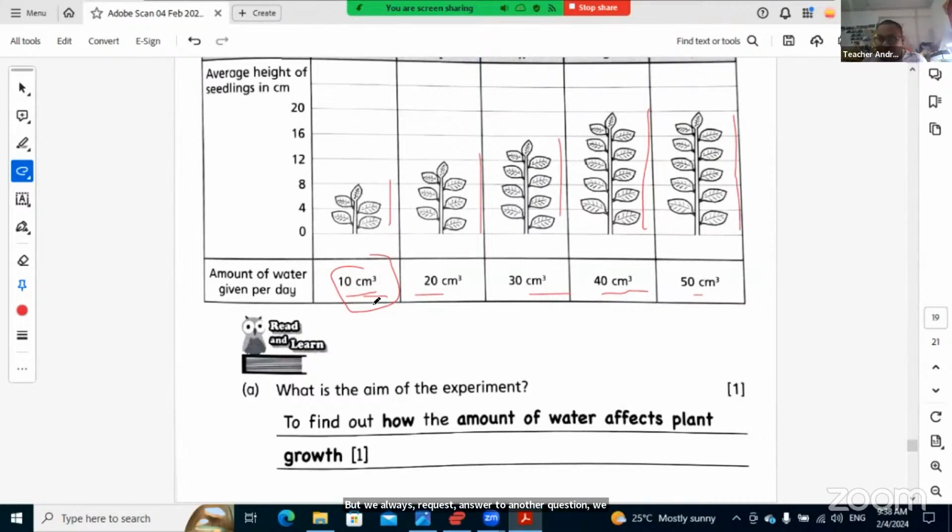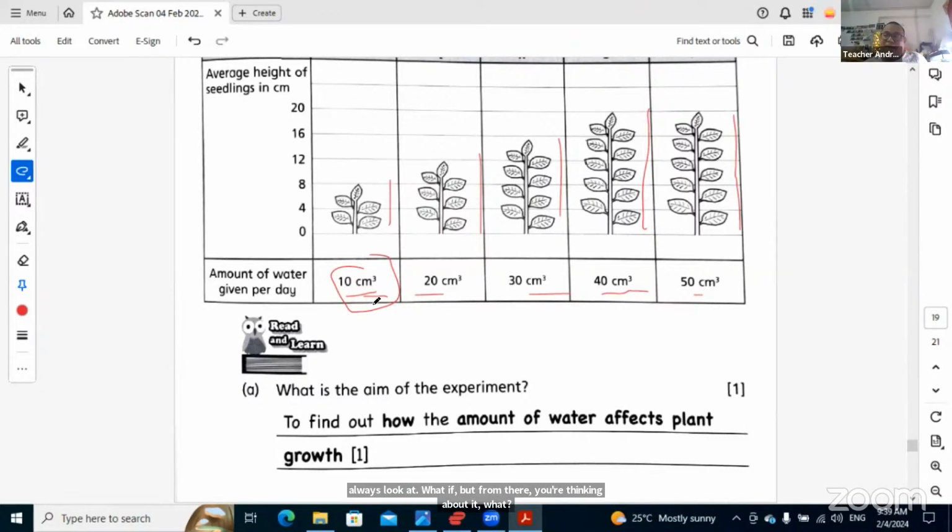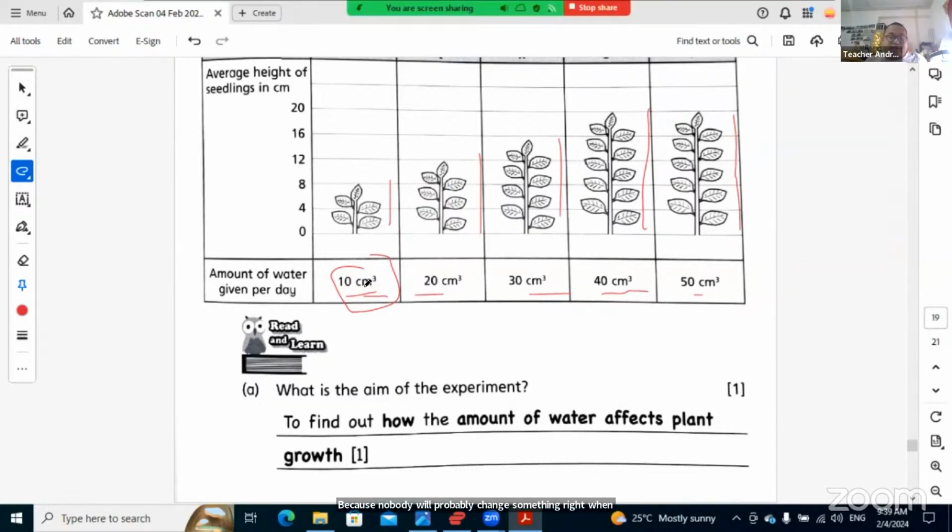From there, you think what he really wants to know. Because nobody will purposely change something when they don't want to find out anything. So in this case, Sam changed the volume of water. Therefore, we can tell that Sam wants to find out how the amount of water affects the plant growth.